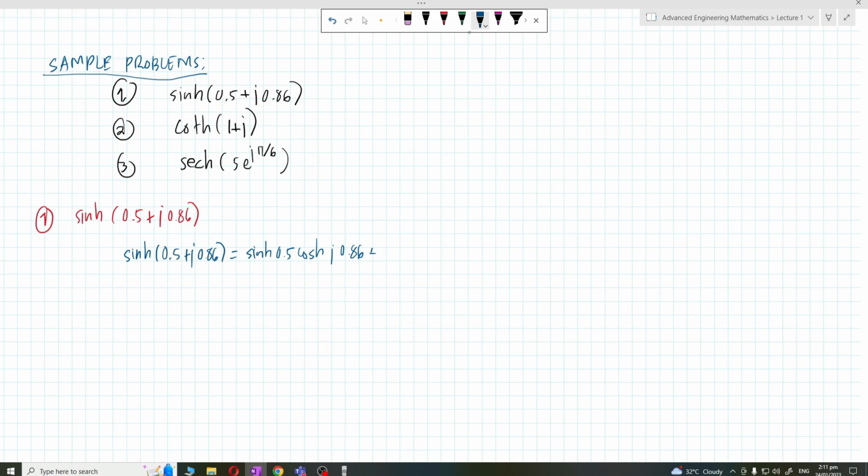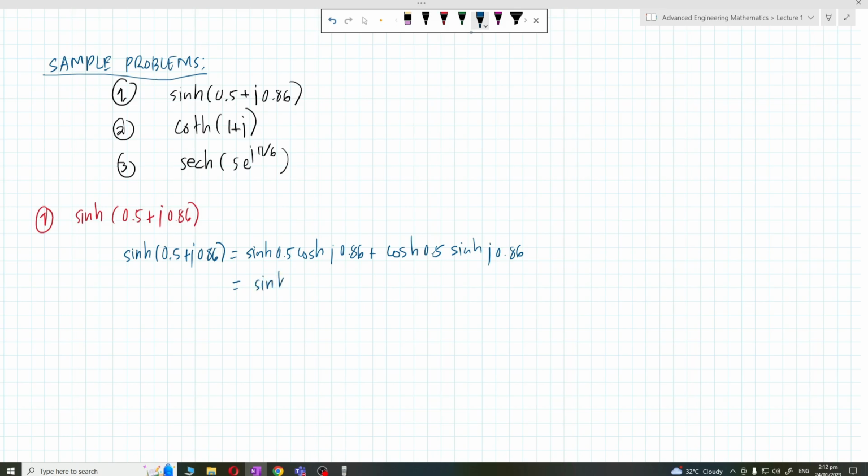Then pag plus din, syempre cosine hyperbolic of 0.5 and then the sine hyperbolic of j0.86. Write natin syempre yung mayroong mga j, then copy yung mga wala.